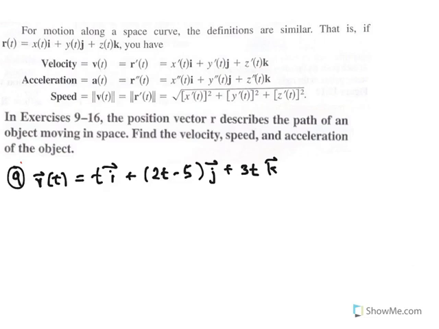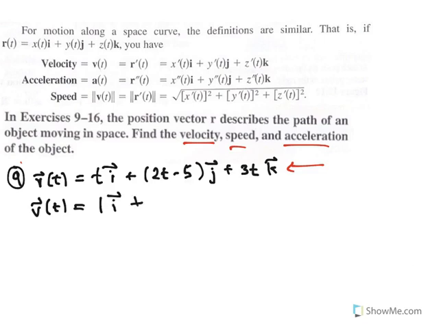So now we'll take a look at number 9. This is the position vector. Find the velocity, acceleration, and speed of the object. So the velocity is just the derivative of the position. So take the derivative of each component function with respect to t.